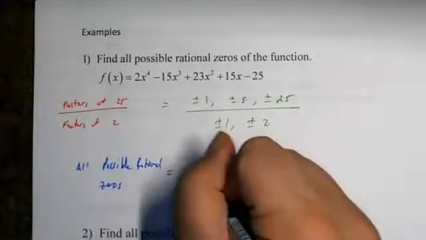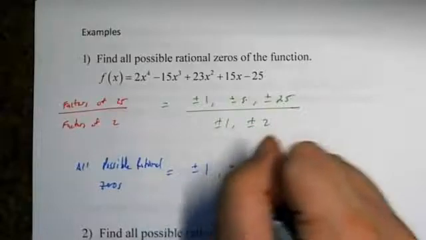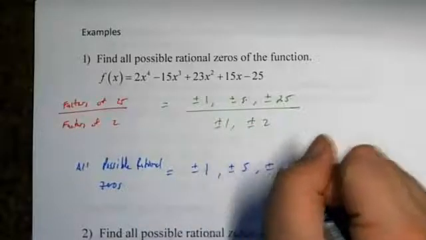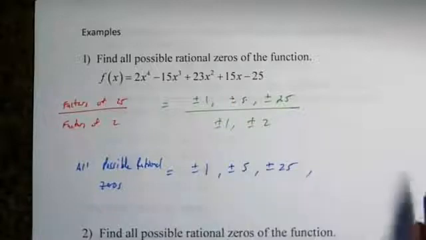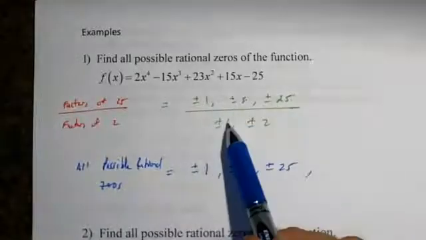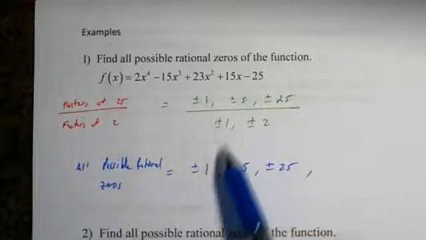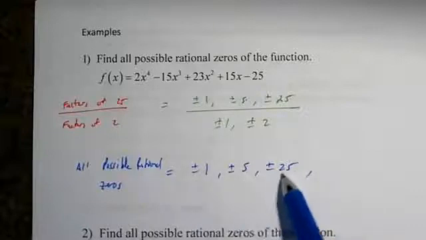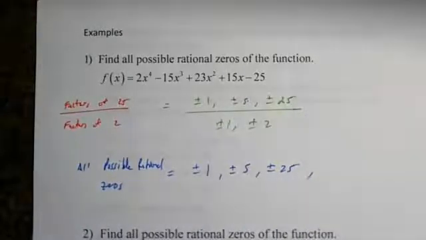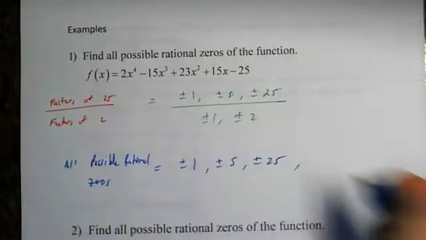So I have plus or minus 1, plus or minus 5, plus or minus 25. Okay, first of all, these over 1 don't need to be written as fractions because they're just over 1, over 1, over 1, over 1. Don't need the 1 there, right? Now all of them over 2.